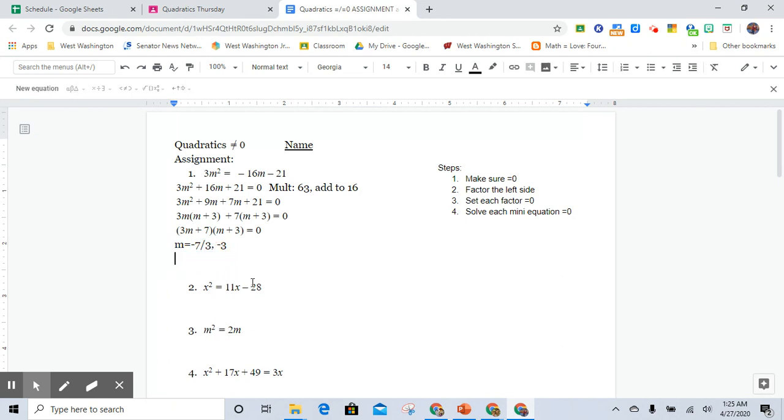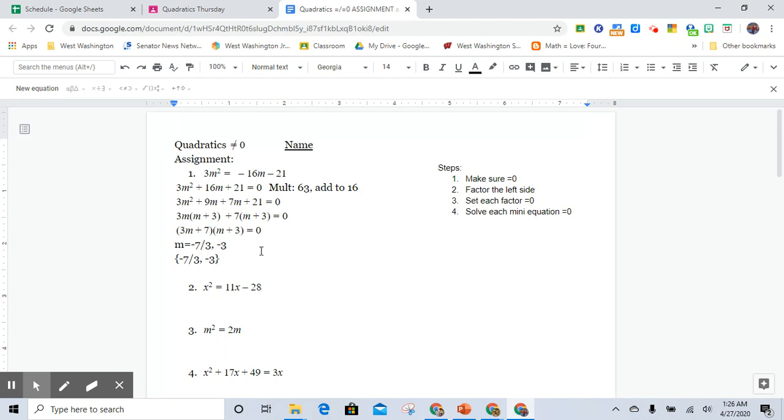So let's just leave it in this form: m equals negative 7/3 and m equals negative 3. Or you could use the butterfly brackets that we saw last week, and that is the set notation.